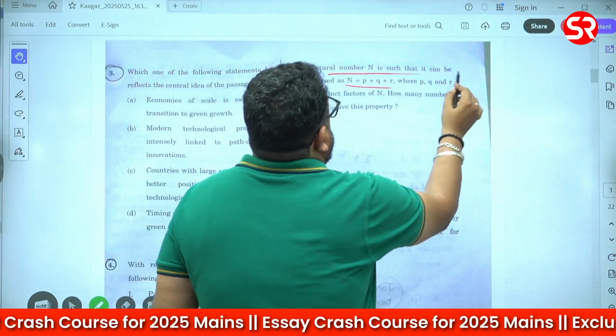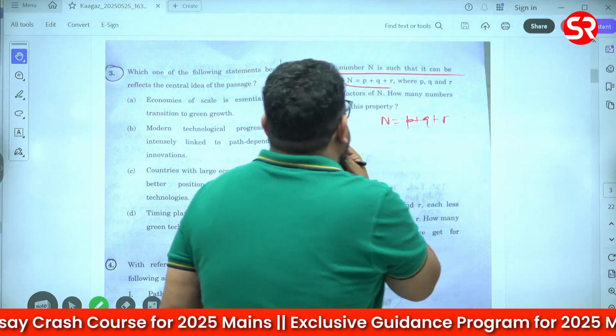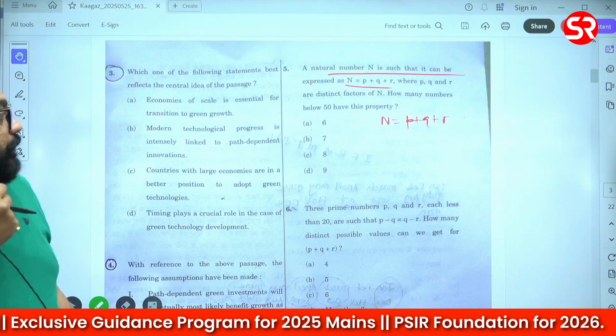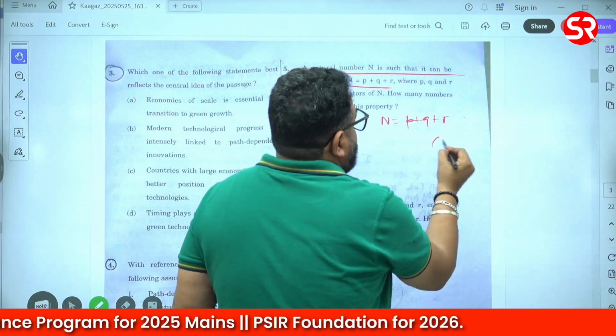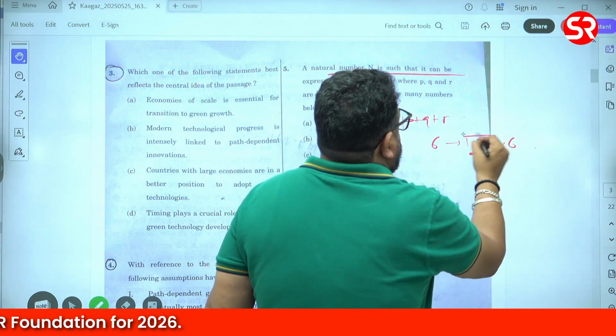N is a natural number such that P plus Q plus R, where P, Q, R are distinct factors of N, right? So मेरे को दिखा 6, 6 के factors 1, 2, 3, and 1 plus 2 plus 3 is equal to 6.